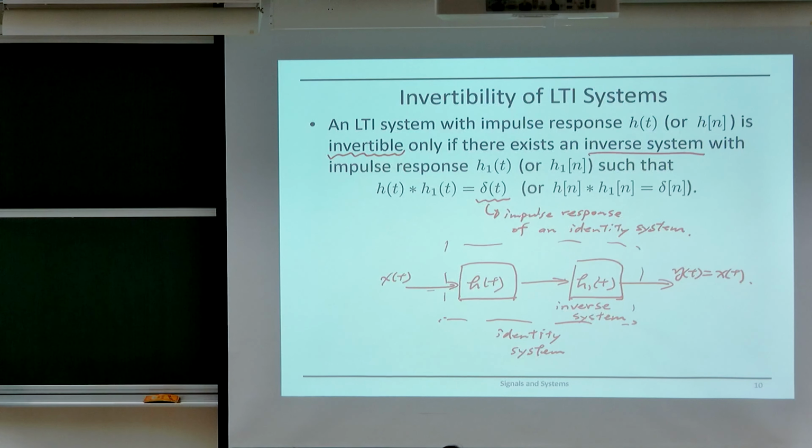If you recall, this unit impulse is exactly the impulse response for an identity system. So this means that if you cascade a system with response h of t with a system with impulse response h sub 1 of t, then the effective system will be an identity system. All right, so we've gone through the memoryless property and invertibility.